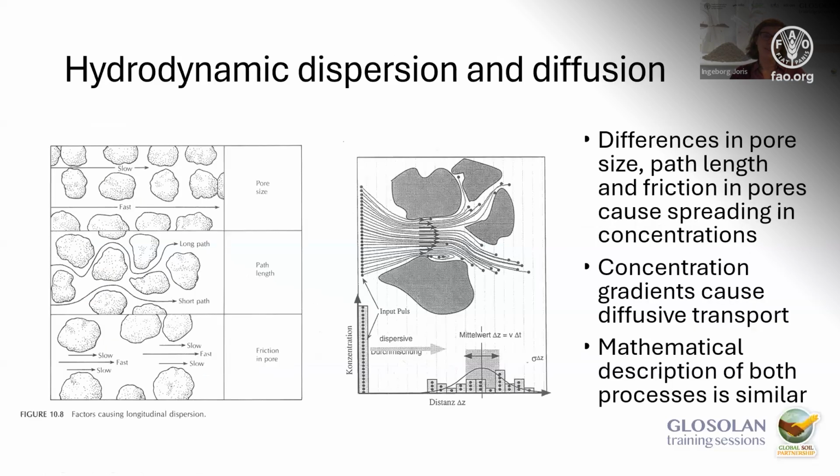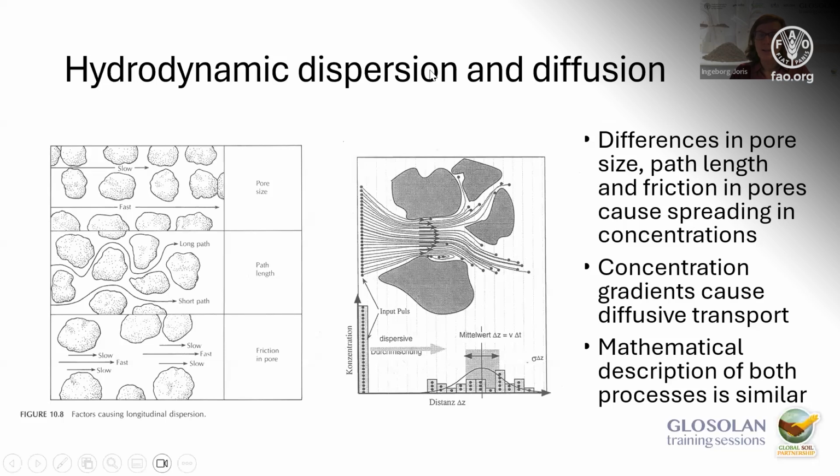Then some more processes. Now we talked a lot about the partitioning. So where will your solute be? And how long will it stay there? Is it subject to decay or not? Diffusion and dispersion are processes during the transport of your solute through the soil.